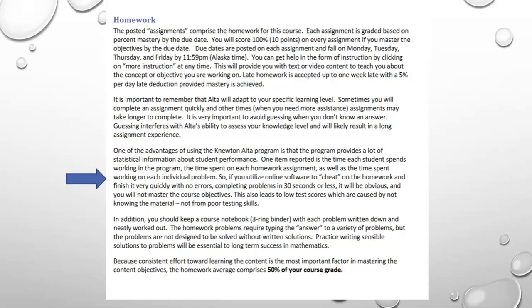So if you utilize online software to cheat on the homework and finish it very quickly with no errors, completing problems in 30 seconds or less, it will be obvious, and you will not master the course objectives. This also leads to low test scores, which are caused by not knowing the material, not from poor testing skills.